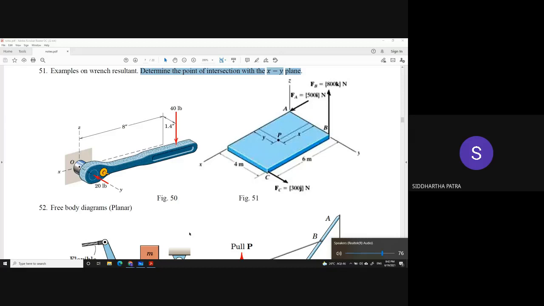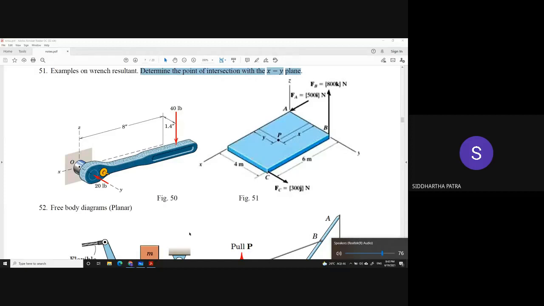It's that part of the moment which is perpendicular to the resultant force that we can get rid of by shifting the resultant force to a different location. And so the range resultant will have the resultant force and the component of the moment which is parallel to the resultant force itself.